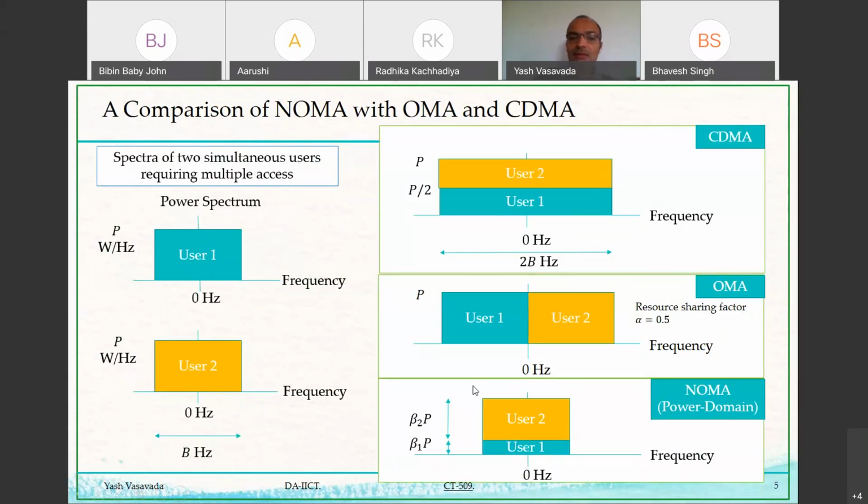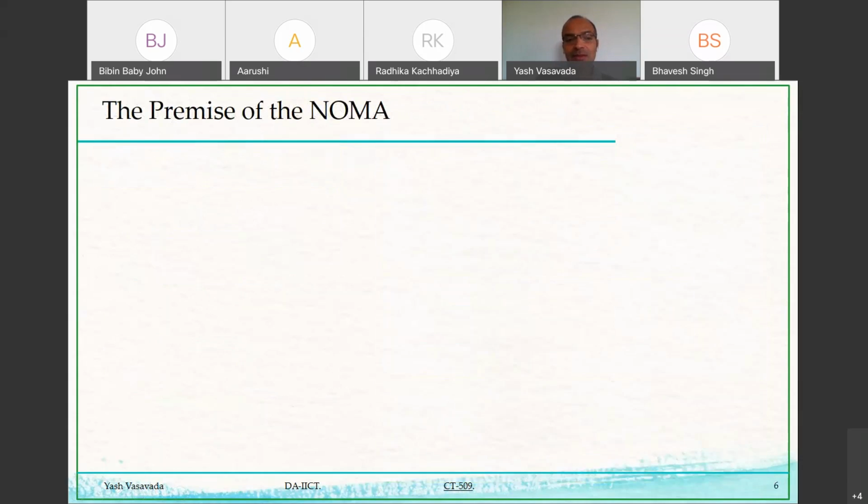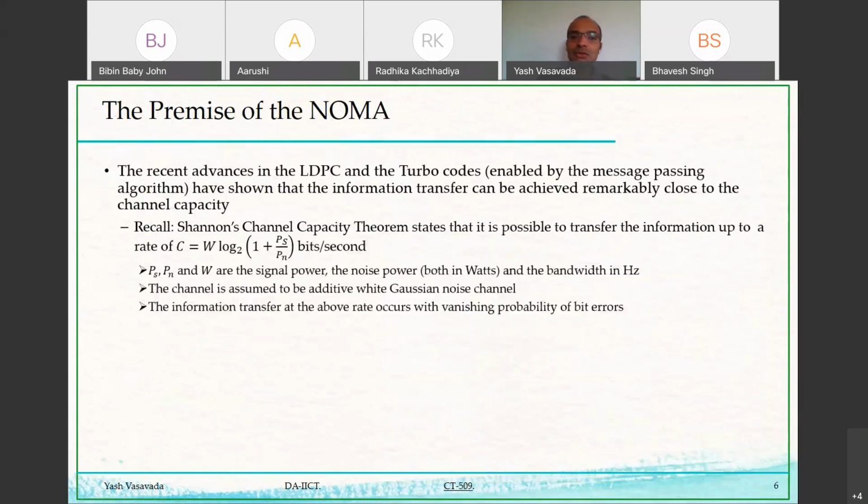But NOMA said, why not make use of channel coding to do multiple access? And so that is the main idea: NOMA says that I will make use of the channel capacity formulation.